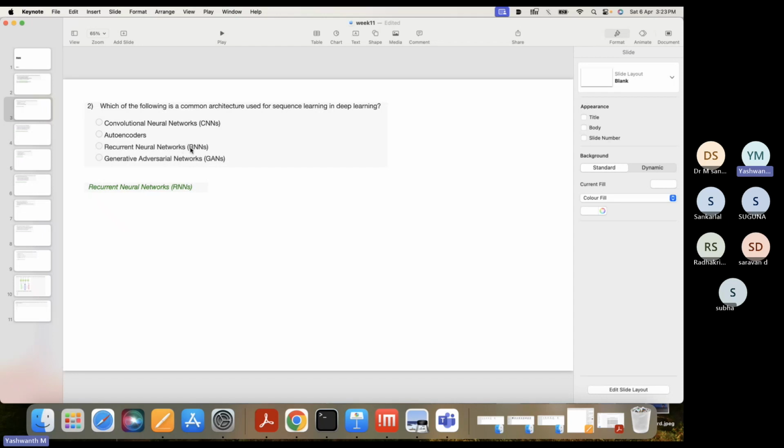If someone replaces autoencoders with LSTMs, you have to choose both. And if someone replaces, say, GANs with transformers, you have to choose that as well. I'm not sure whether we will discuss transformers, but I think attention we will definitely discuss next week.